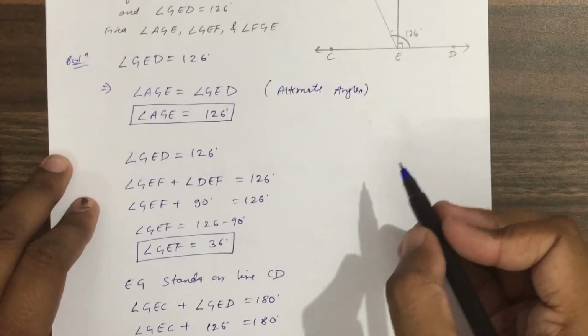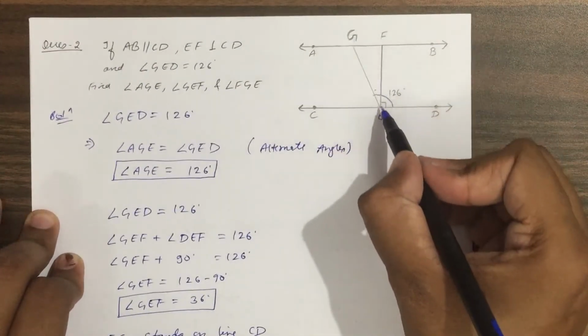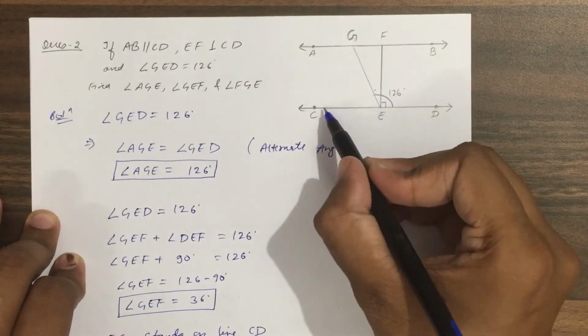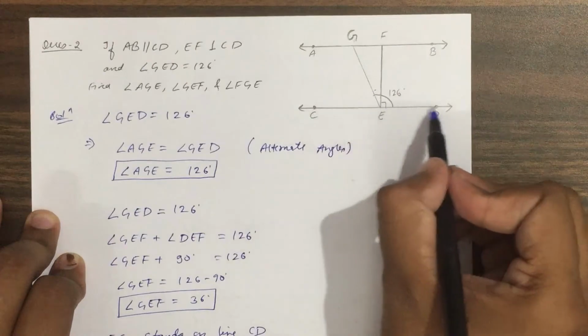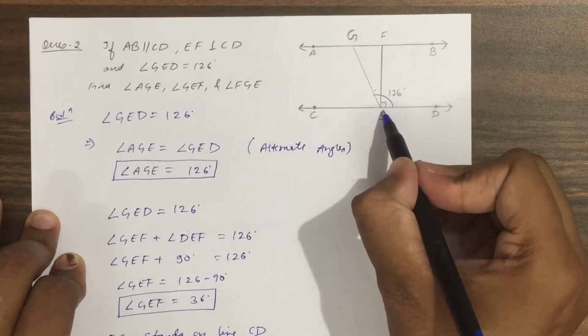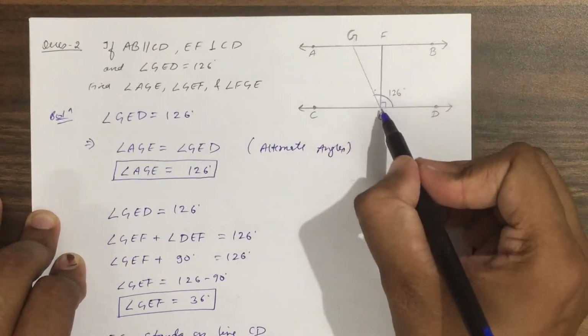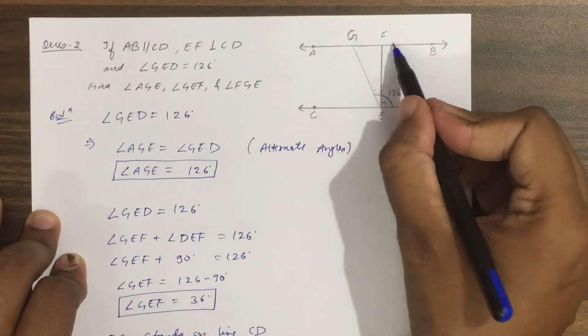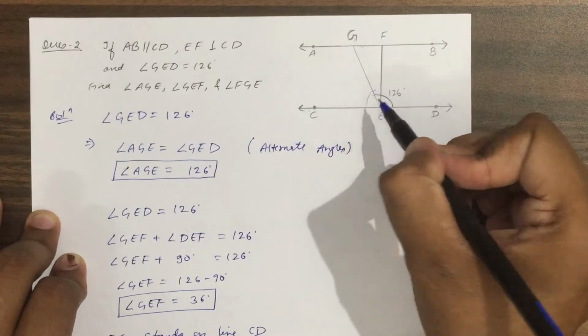Okay. Now what you got? You got angle GEC as 54 degrees. Now look, AB is parallel to CD and GE is the transversal. So you can say that angle GEC will be equal to angle EGF, because they are alternate angles.